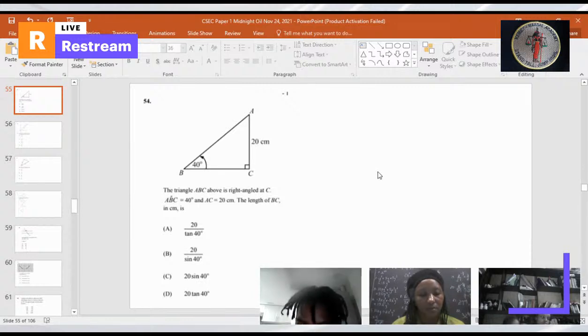The length of BC in centimeters is... AB is the hypotenuse, and BC is the adjacent.